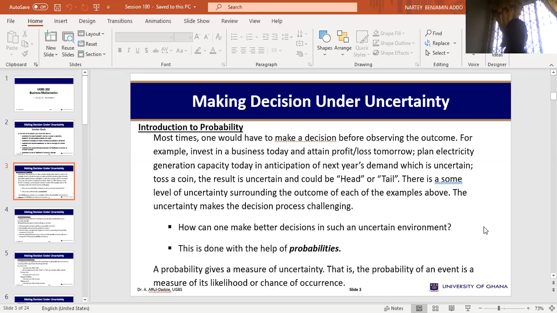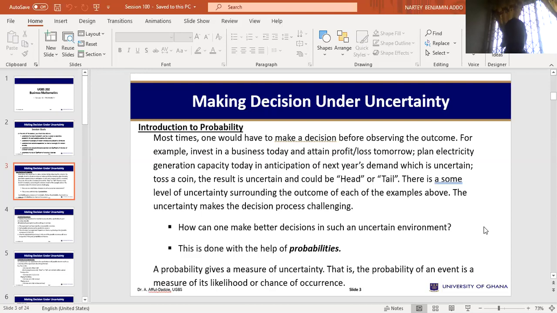Toss a coin, the result is uncertain and could be head or tail. There is some level of uncertainty surrounding the outcome of each of the examples above, right? So probability is just a tool that enables us to make decisions in an uncertain environment.